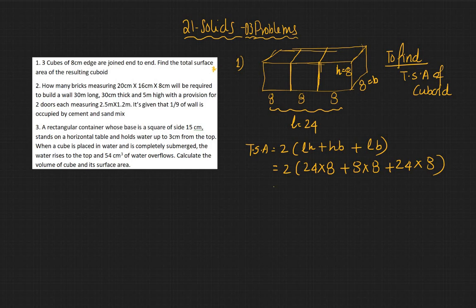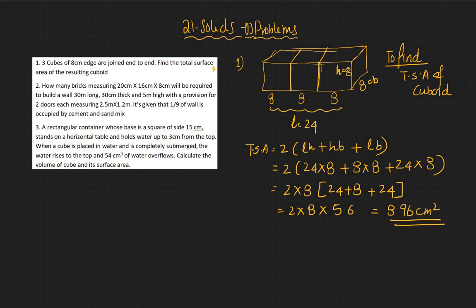Yep, you can take 8 common here, so that'll be 2 into 8, 24 plus 8 plus 24, sorry. So that's 2 into 8 into 56. And that'll be about, you get it as 896 centimeters square. So that's your answer.